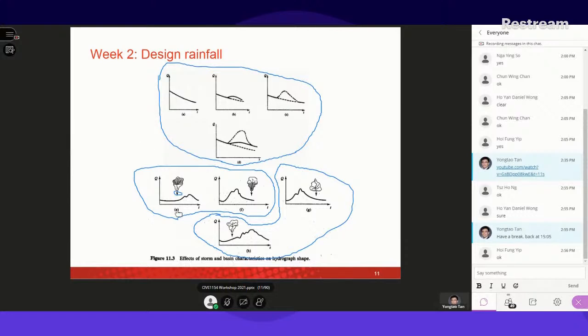And the curves from E, F, G, H represent the location of the localized storm and the basin shape, the effects of the location of the storm and the basin shape on the hydrograph.